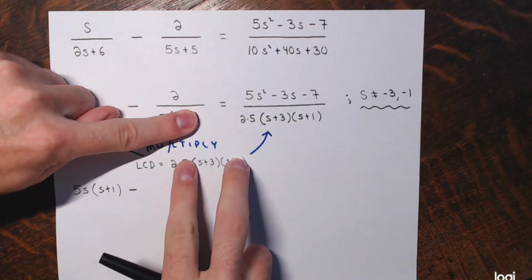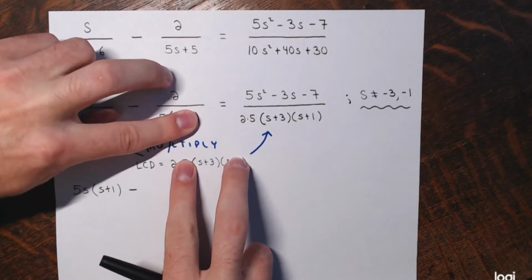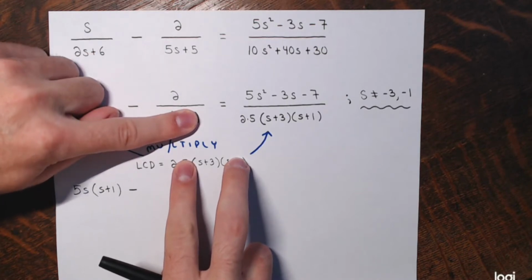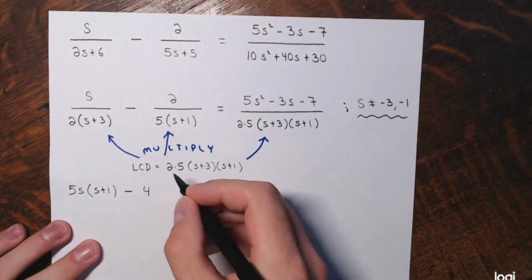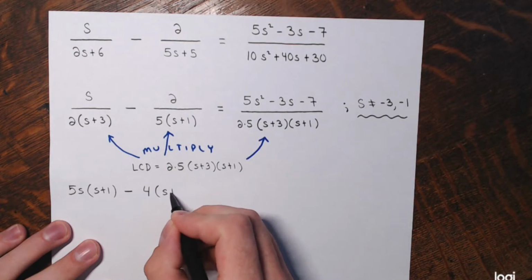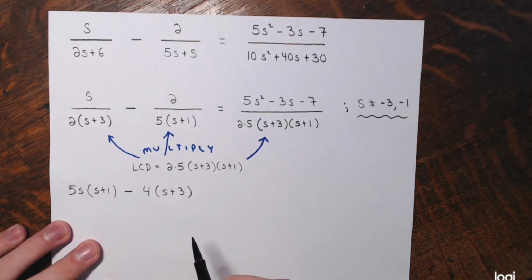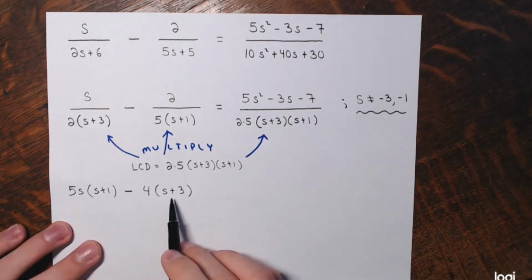If those cancel, I'm left with 2 and s plus 3. So I have the numerator 2 times s plus 3, so that'd be 2 times 2, and then times s plus 3. So this is the left side, after multiplying by the LCD.